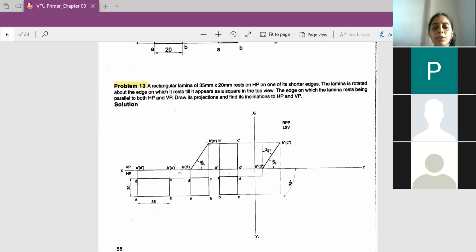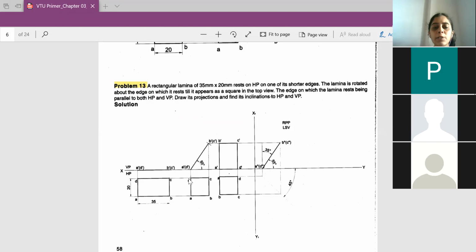For that, anyhow we have the projections. You extend the projection from D and C and extend the projection from the locus of A and B also. This side we know is 20 mm. If it has to look like a square lamina, all the sides should be equal to 20 mm, right?